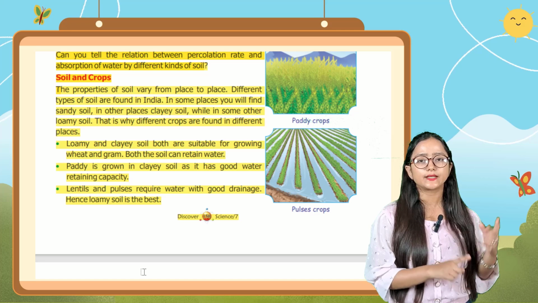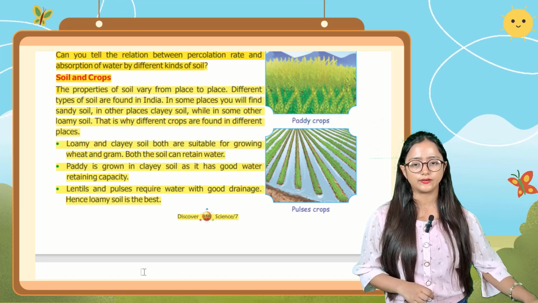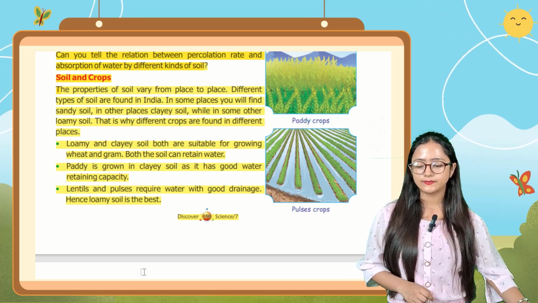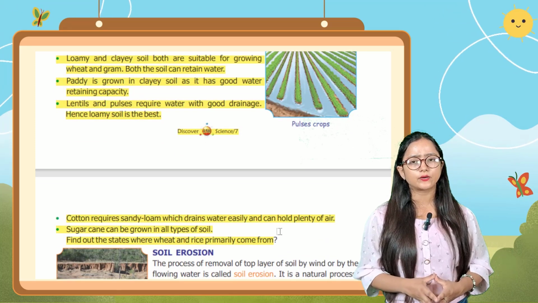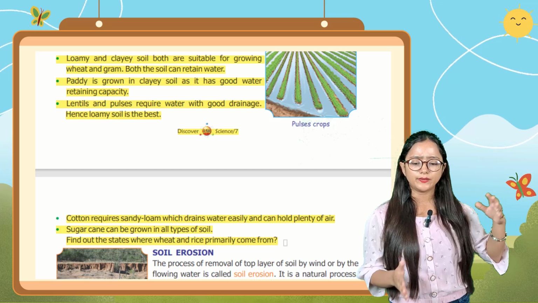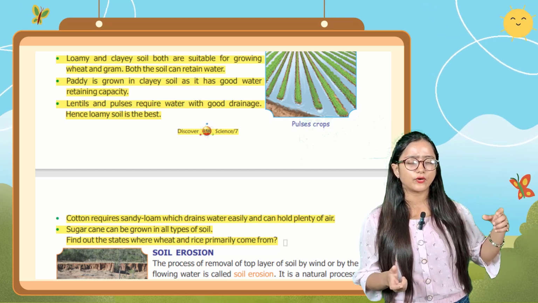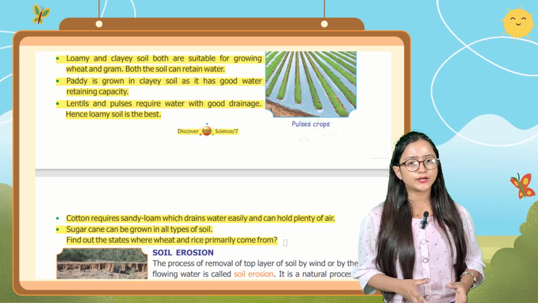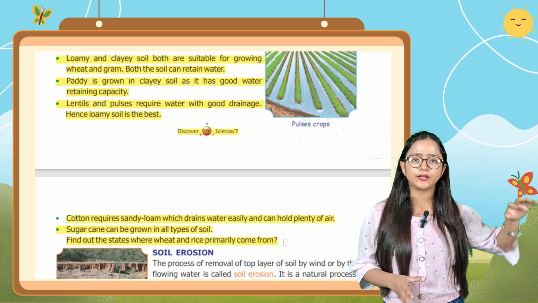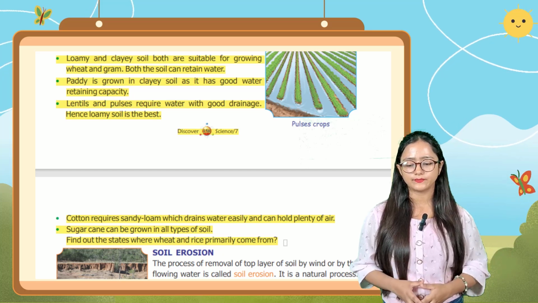And next, the lentils and pulses are grown in loamy soil. Okay. Next, cotton requires sandy loamy soil, which drains water easily and can hold plenty of air. Sugarcane can also be grown in all types of soil.